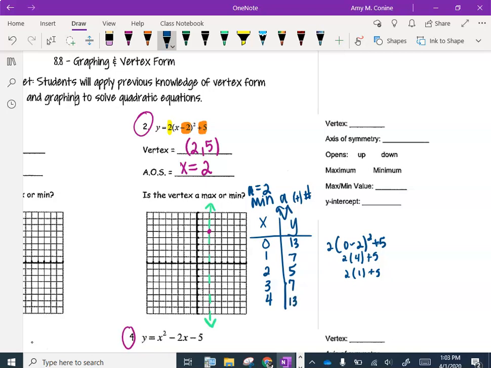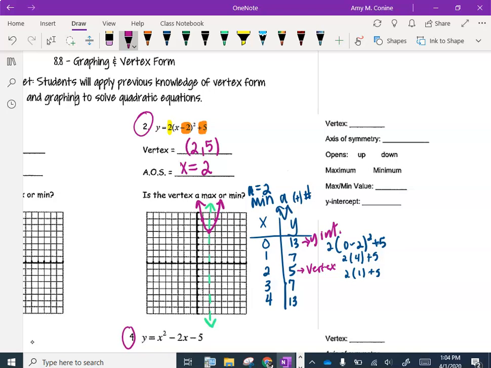So I can plot a couple of these the best I can. So I can at least plot the 7s. And if you remember, this is my y-intercept. Okay. And then one of my points should include my vertex to make my 5 points a little easier.